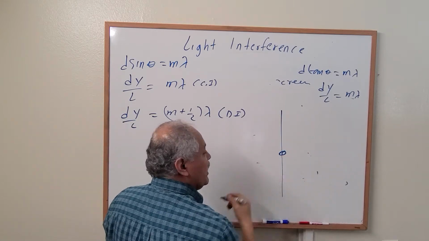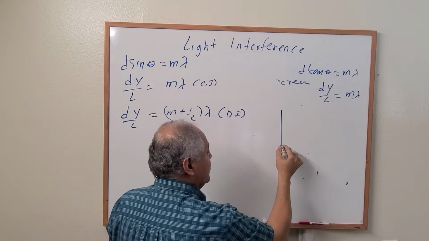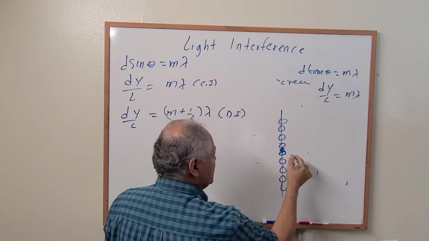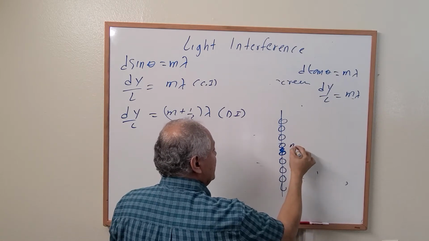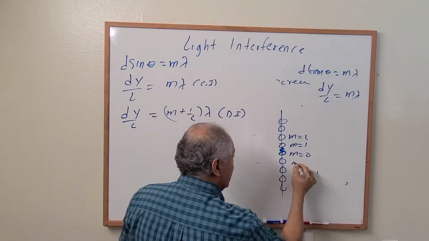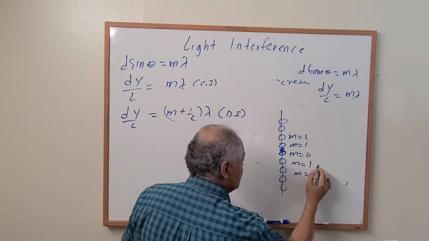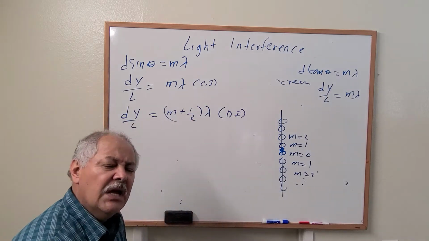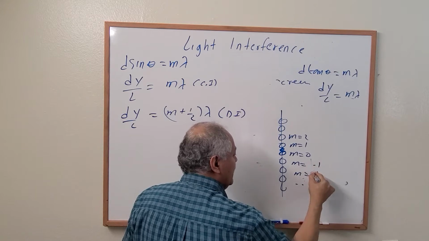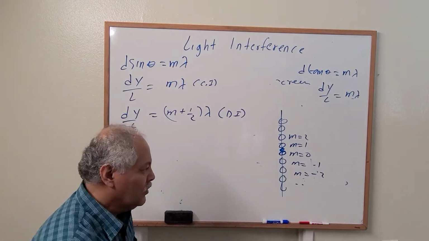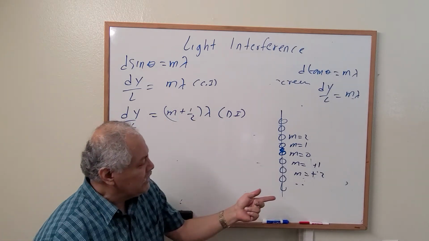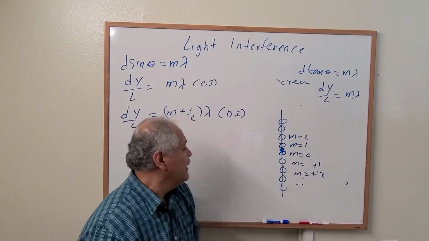At the center we have a white fringe, later we have dark, then white again. At the center m equals 0, the next m equals 1, m equals 2. The same thing happens on the other side: m equals 1, m equals 2, and so on. Some books give this as negative, -1, -2. The idea is the same, because whether it's positive or negative, the idea is the same. Just be careful: in general, we're dealing with magnitudes. Perfect.